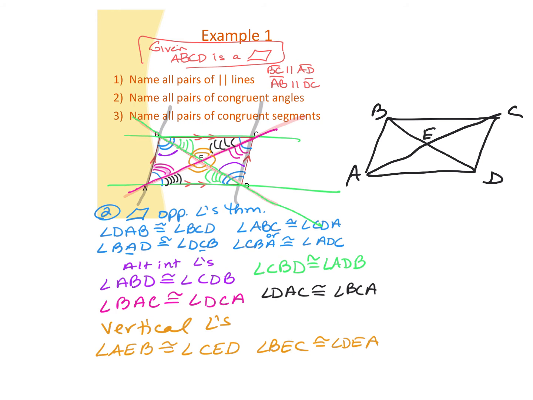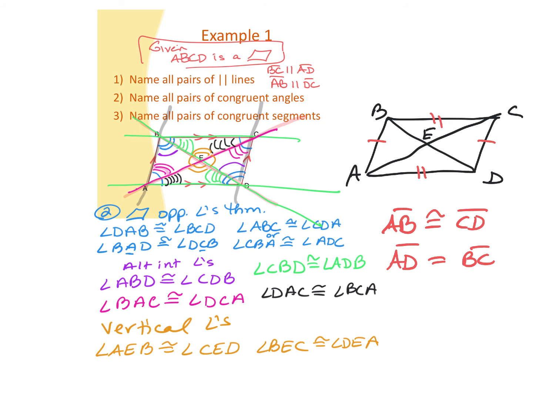All right, so for the congruent segments now, we can show that opposite sides are congruent. So here I can say that AB is congruent to CD. I can also say that AD is congruent to BC. The order here doesn't matter, you can switch it up.